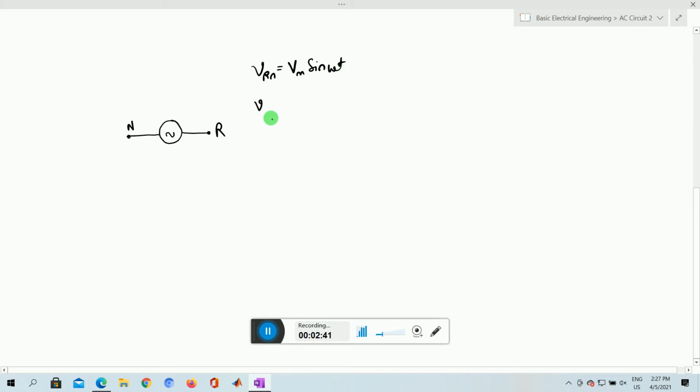Another voltage is there, that is VYN. It is also Vm sine of omega t, but instead it is Vm sine of omega t minus 120 degree. That is, in time, it is lagged by an angle of 120 degree.